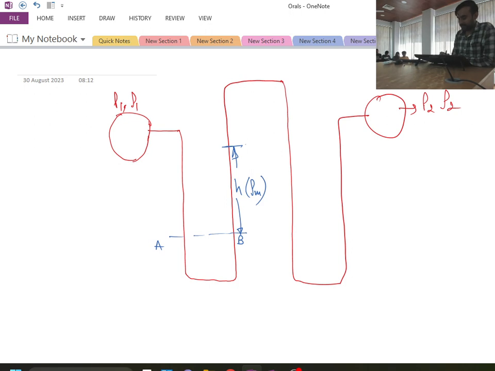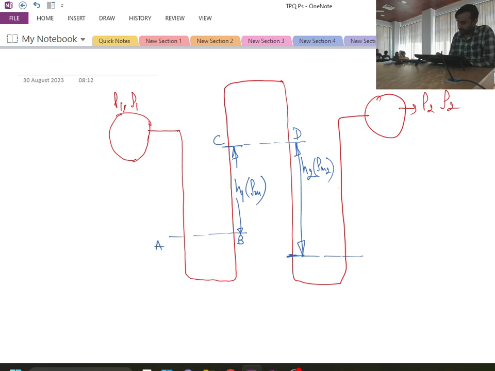Then another level at this point, so this is C and this is D. Then a third level at this point, so this is height h1, this is height h2, and say the manometric fluid is rho m2.